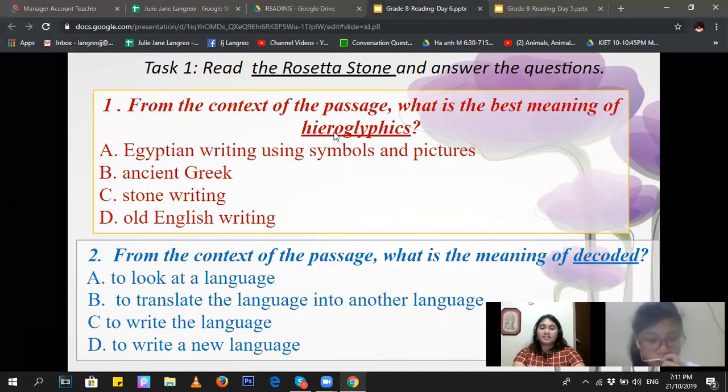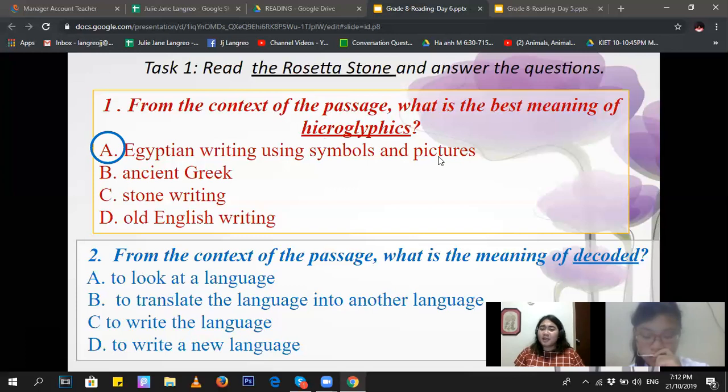So what do you think is the meaning? Is it A, Egyptian writing? Your answer is A. Very good. So hieroglyphics is Egyptian writing using symbols and pictures.